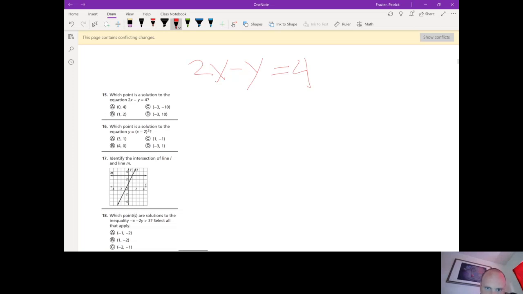Well, that's really just the slope-intercept form, but rearranged. So if we wanted to, we could put it in the form of y equals mx plus b by adding y to both sides and then subtracting 4. So you'd have y equals 2x minus 4.